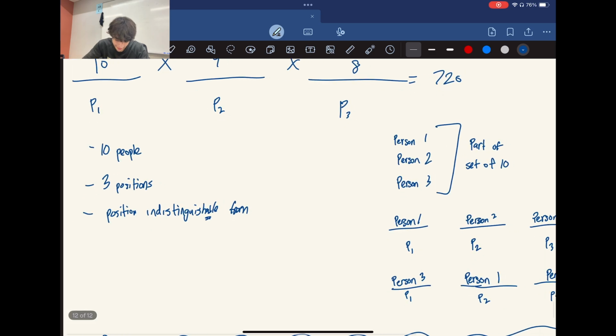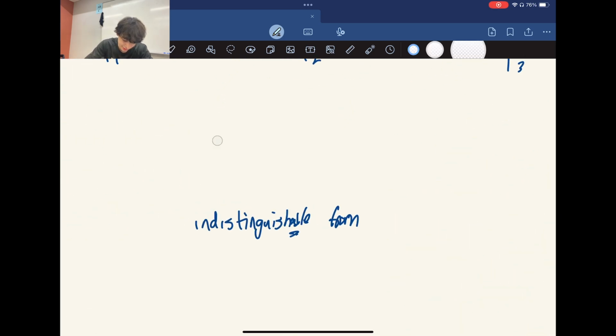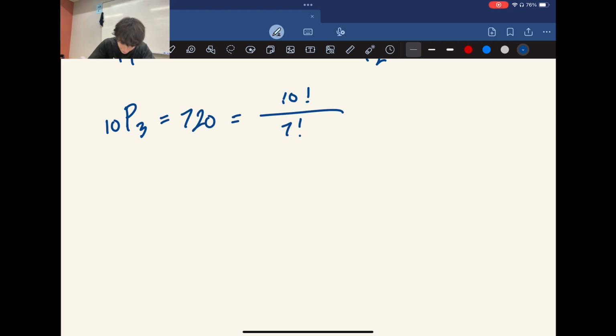So why am I dividing? I'm going to erase this for the moment, just to free up some space for myself without exposing the final problem of this video. We said that 10 permutation 3 is equal to 720, which is equal to 10 factorial over 7 factorial.